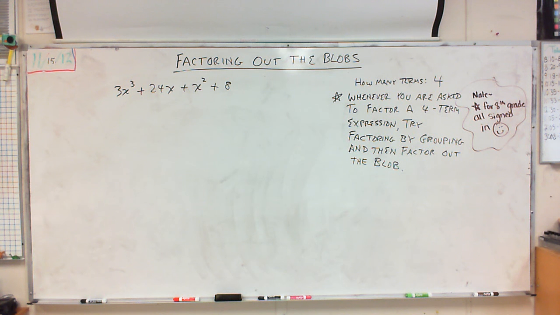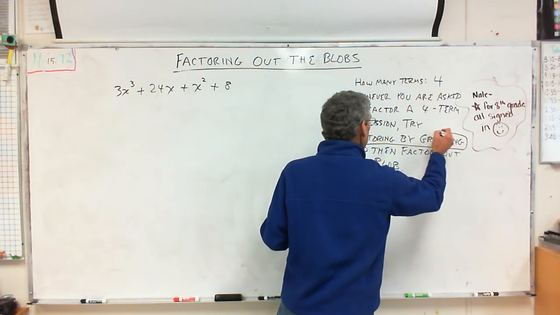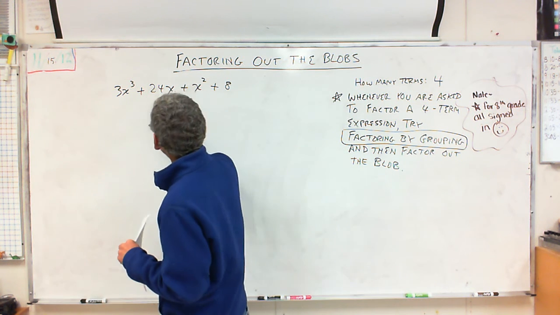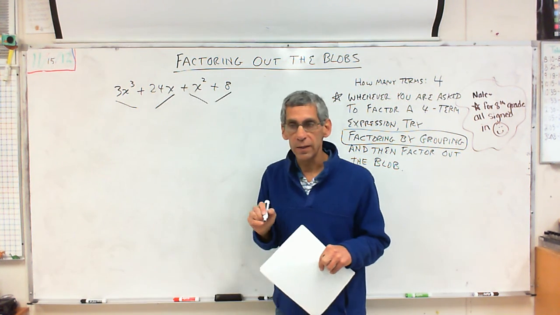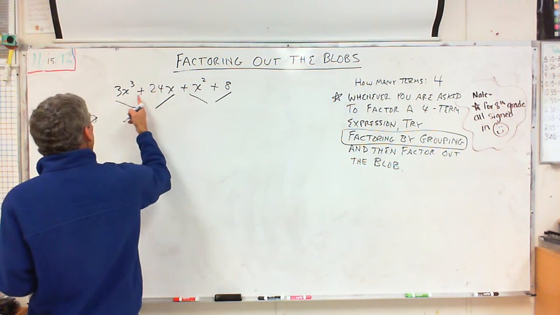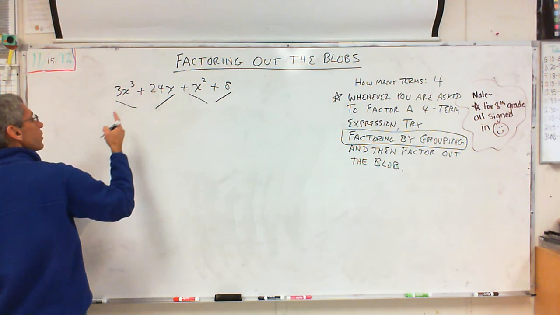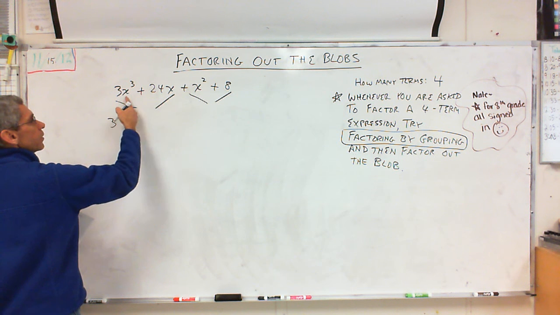So how many terms does it have? 4. So the first thing I'm going to think about is factoring by grouping. In other words, I'm going to group these two together, and I'm going to group these two together. All right? That's called factoring by grouping. So with the numbers, what's my greatest common factor? 3. 3, and then variables?